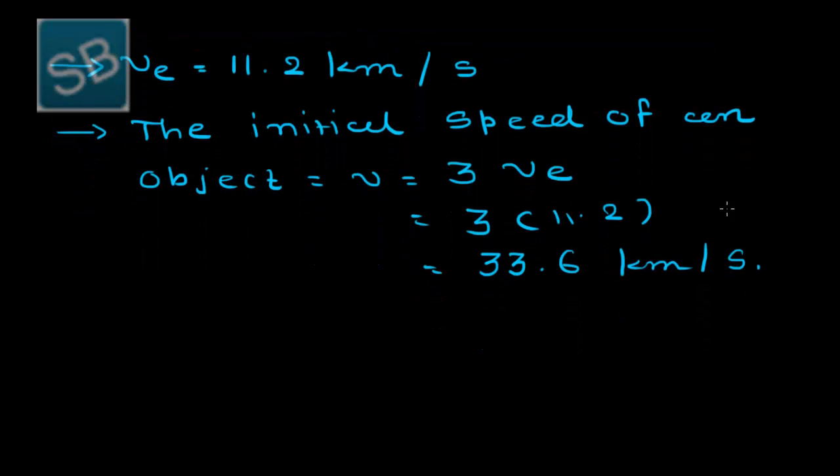Now, with the use of this, suppose the speed of this object after it escaped from the Earth's gravitational field is V dash.